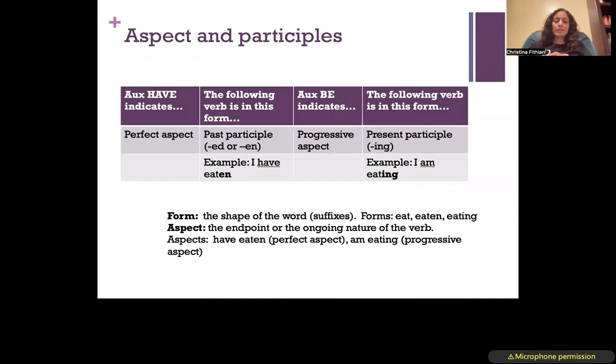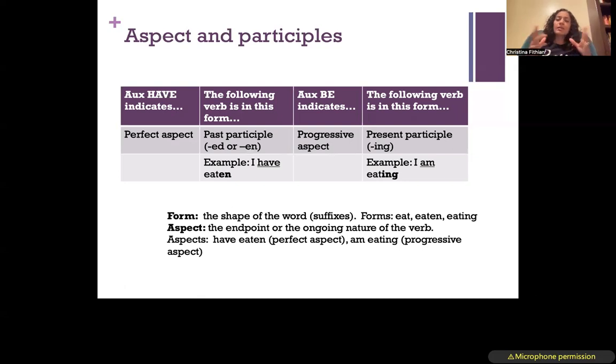Okay. So again, here's just kind of a simple summary of what I was discussing before. Auxiliary have indicates perfect aspect. The action is completed. The following verb form is in a past participle form. So the example I have is I have eaten. So notice if we have auxiliary have, it's going to force eat to appear in a different form. And in particular, it's what we call the past participle form.